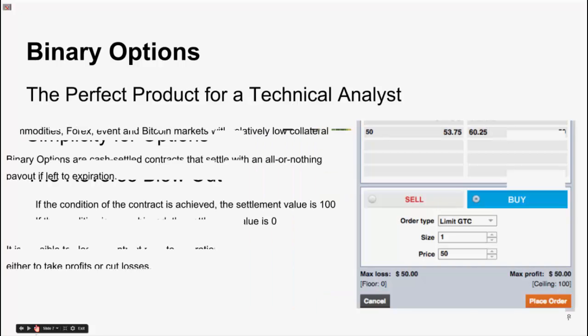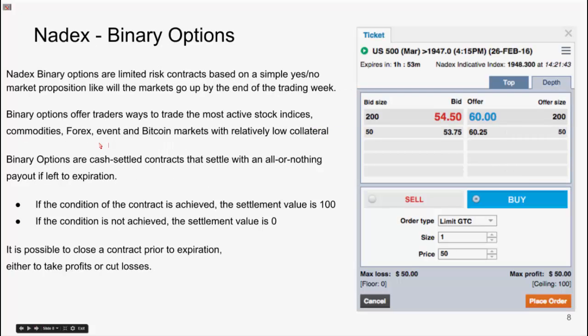So Nadex binary options. Binary options are limited risk contracts based on a simple yes or no market proposition, like will the markets go up by the end of the week. Binary options offer traders ways to trade the most active stock indices, commodities, Forex, events, and Bitcoin markets with relatively low collateral.